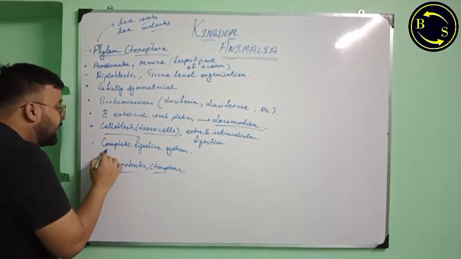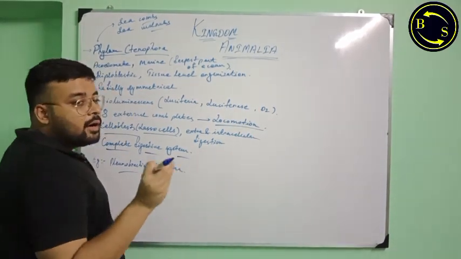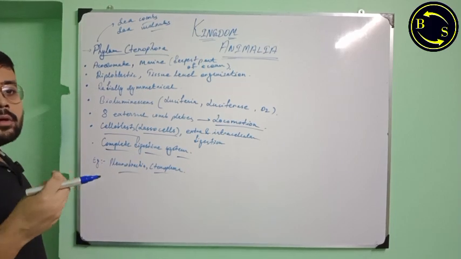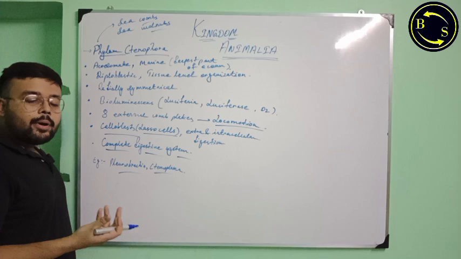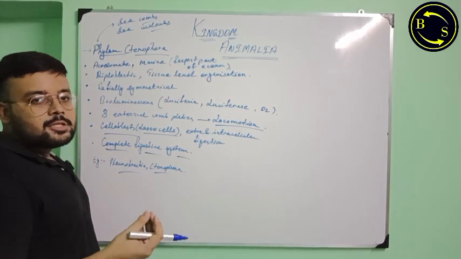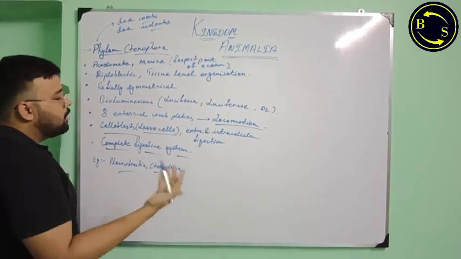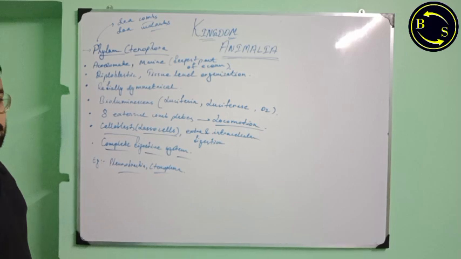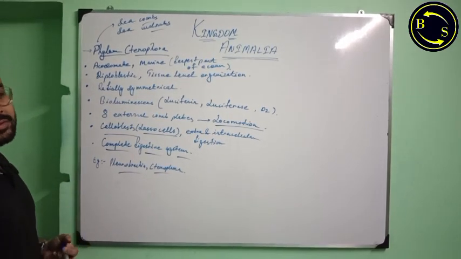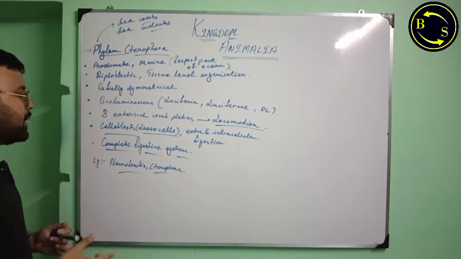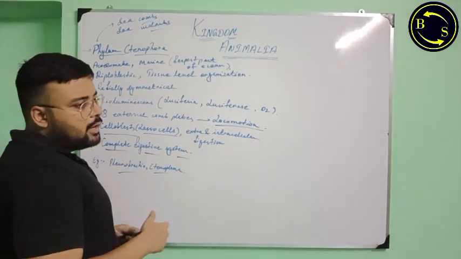They have complete digestive system, meaning they have a separate opening for ingestion, that is the mouth, and a separate pore for eliminating the waste material, that is the anal opening. You cannot say anus for them, like an opening for egestion.